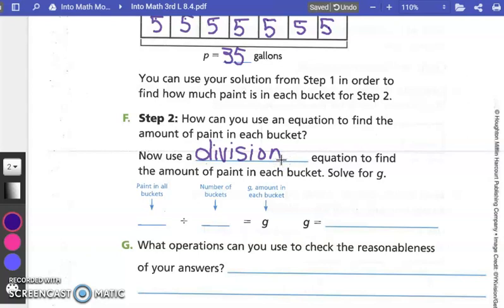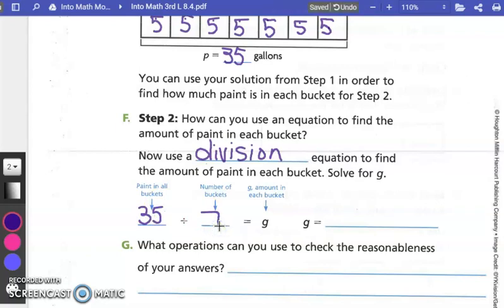Solve for G. Now they've named our new unknown G. So we had to find P, and now we're finding G. So all the paint in the bucket is 35. Our number of buckets is 7.